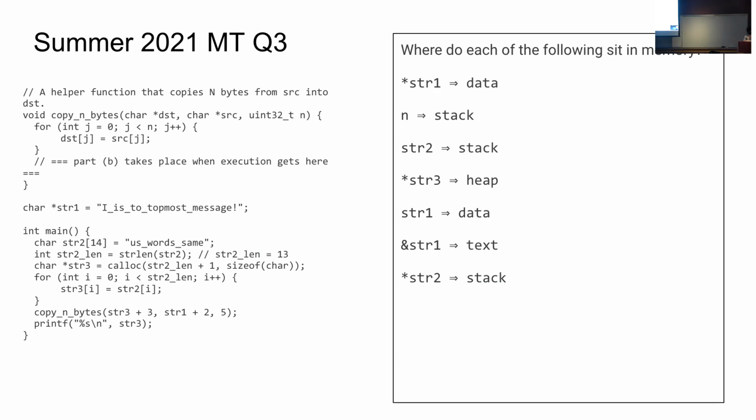He says, my guess is that the address of the stir1 pointer gets encoded in some instruction when the function call uses stir1 as an argument. Stir1 is a pointer to a character, so it's a string.